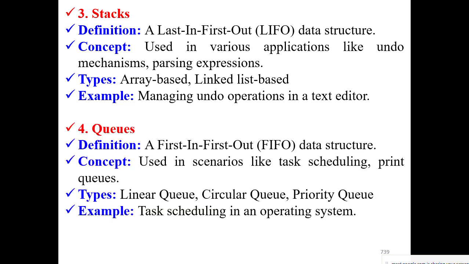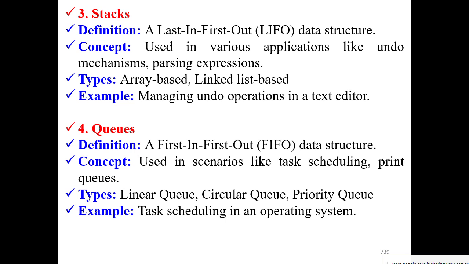Then coming to queue. Queue is a linear data structure and follows the first in first out principle, and is used in scenarios like task scheduling and printer queues. Suppose you are giving a print option, so how will it take the print option?